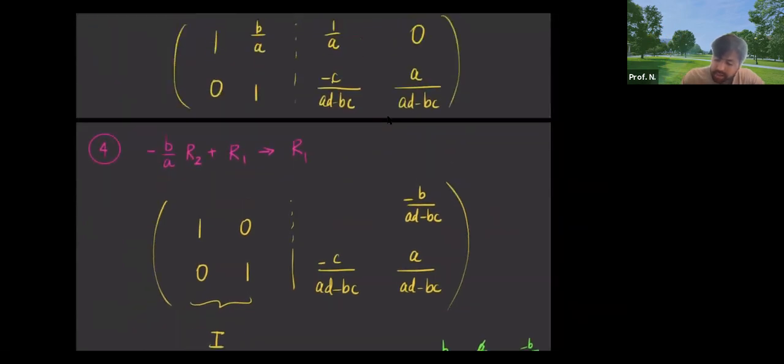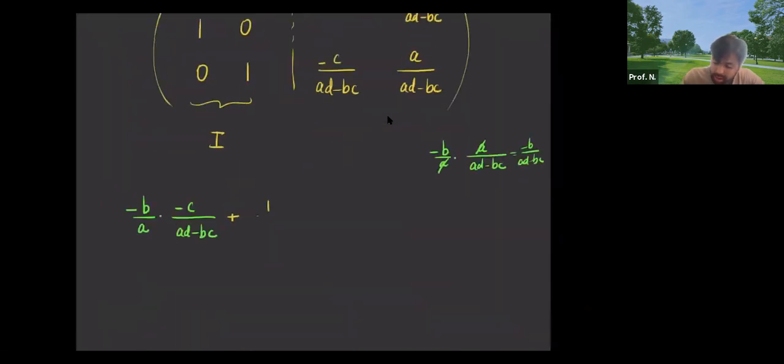I'm adding this to 1 over A. So a negative times a negative is a positive, right? So this becomes BC over A multiplied by AD minus BC. I'm adding this to 1 over A.